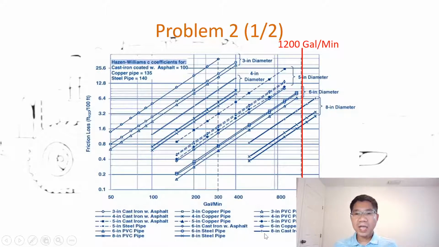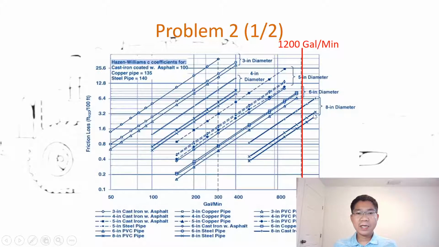And for the 8-inch, cast iron, steel pipe is the one, that is PVC pipe, and then we have steel, and we have cast iron. So this is cast iron, 8 inches.